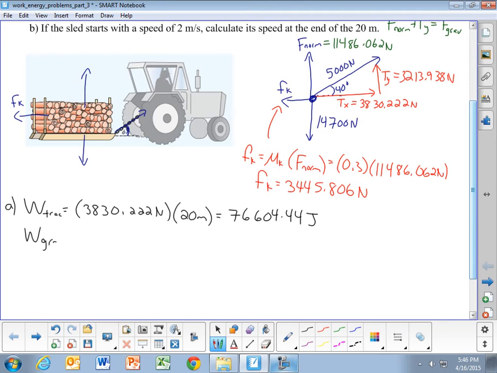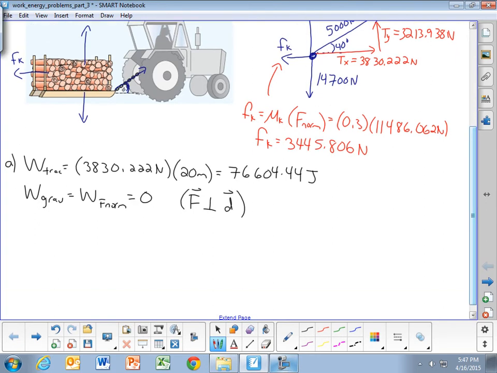The work done by gravity and the work done by the normal force are both 0. If the force is perpendicular to the displacement, that force does 0 work. Finally, the work done by friction. First of all, it's going to be negative because the force of friction is acting to the left and this slides to the right.